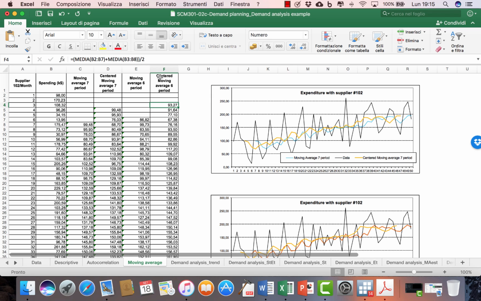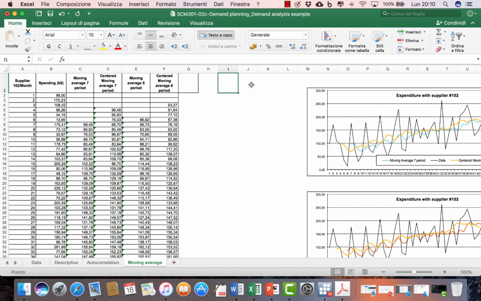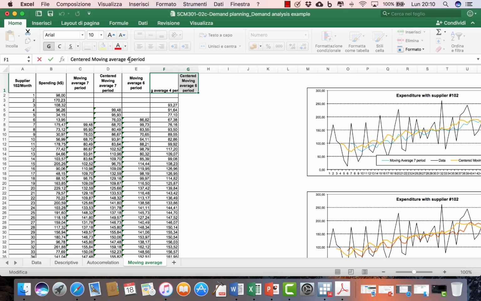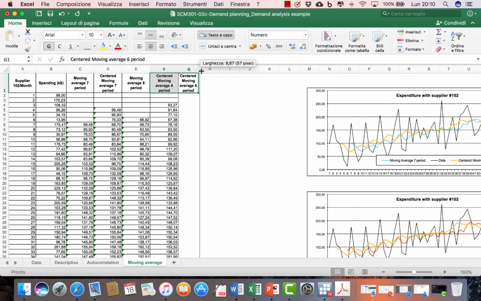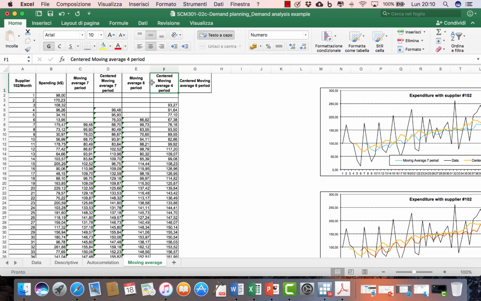But this is easier to do in practice than in theory. For example, let's imagine that instead of a centered moving average of 6 periods, we want a centered moving average of 4 periods. 4 periods means that I need to center the moving average on 4 observations.